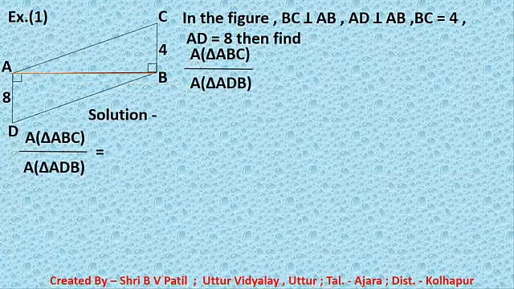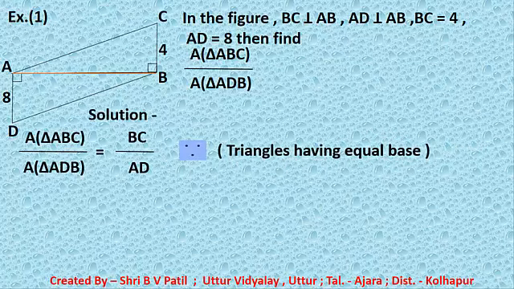Therefore, we use here the property: if base is equal, then areas ratio proportional to their heights. First height is BC divided by the denominator triangle's height, that is AD, and reason: triangles having equal base.